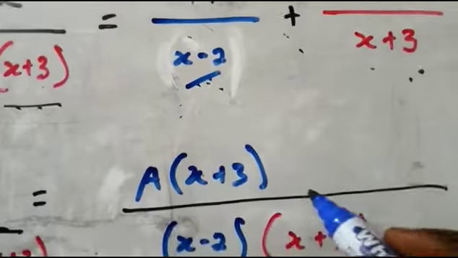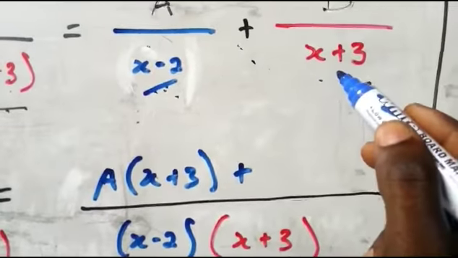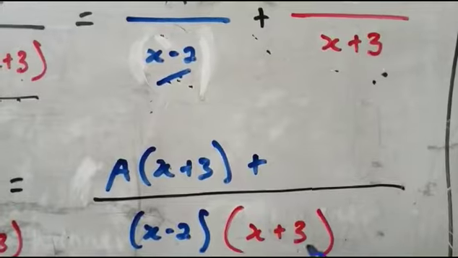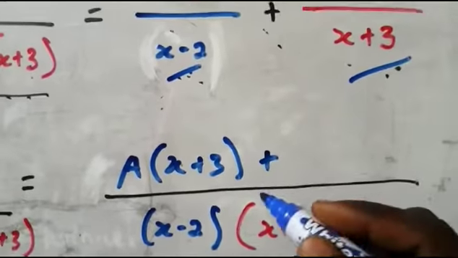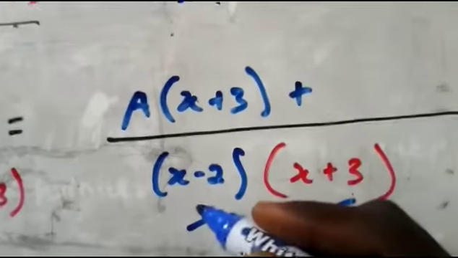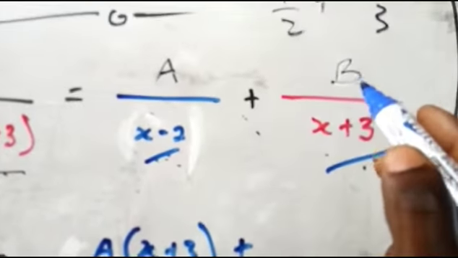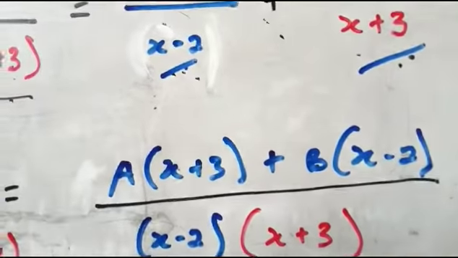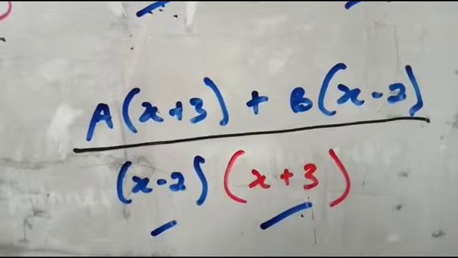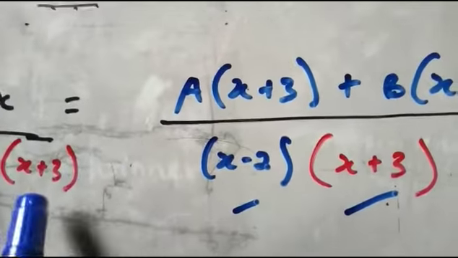The same applies to the second one: s plus 3 will cancel s plus 3, so you are left with s minus 2 multiplied by the top one, b. So plus b into s minus 2. This is how simply you solve this type of partial fraction.